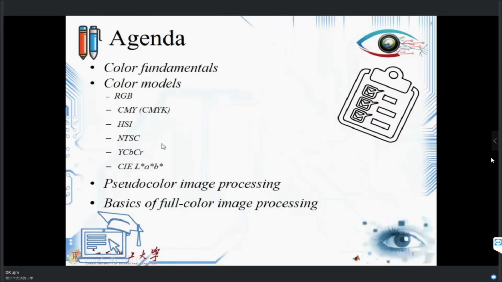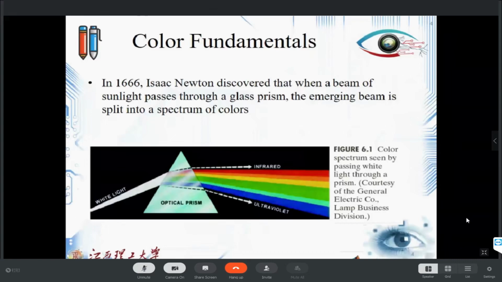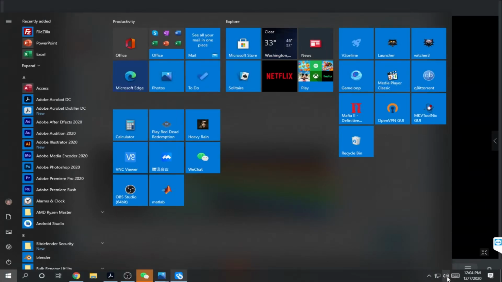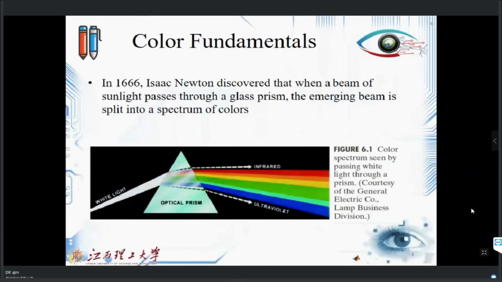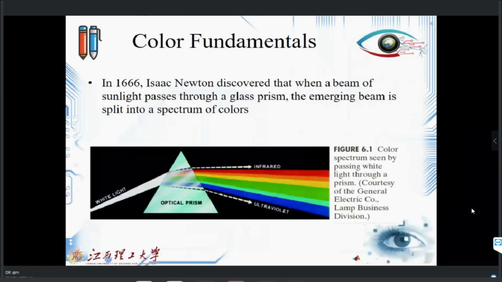First, about the color fundamentals, we must know that in 1666, Isaac Newton discovered that when a beam of sunlight passed through a glass prism, the emerging beam is split into a spectrum of colors. We can say that the time humans understood that we have different colors was this activity, which was the main proof to know the spectrum of color.